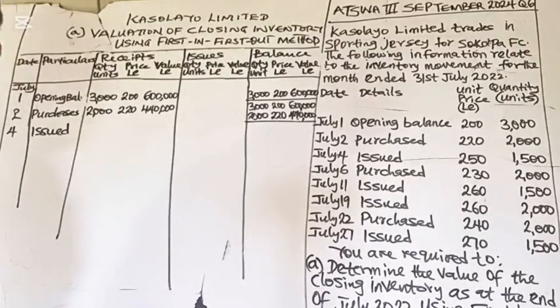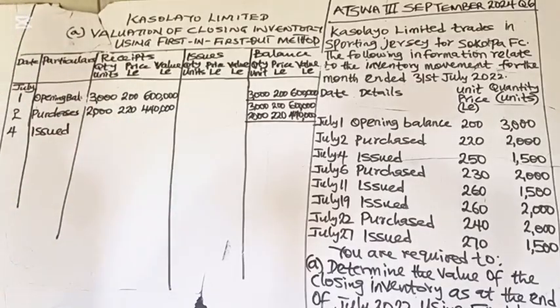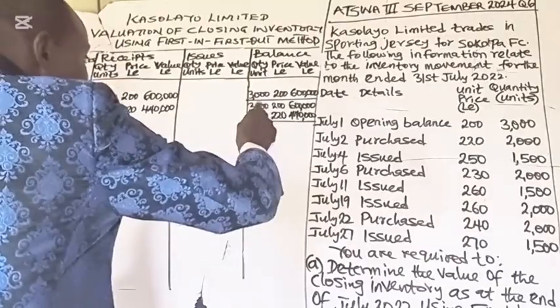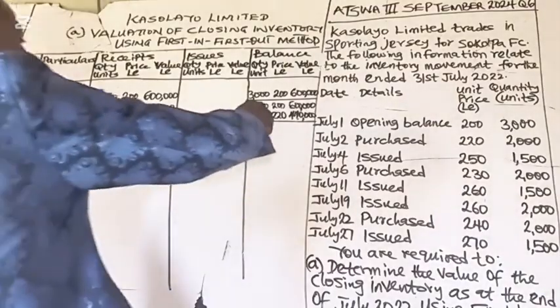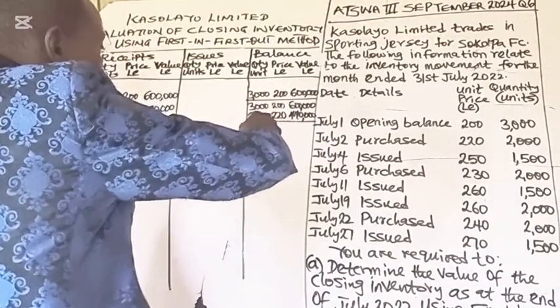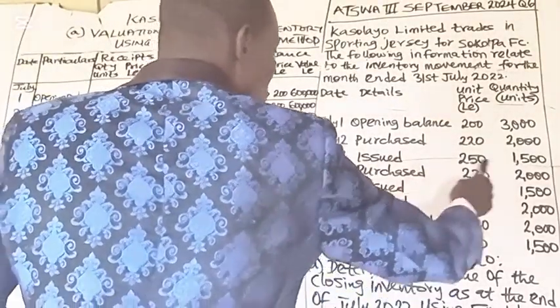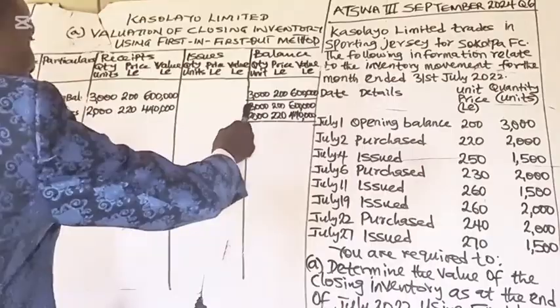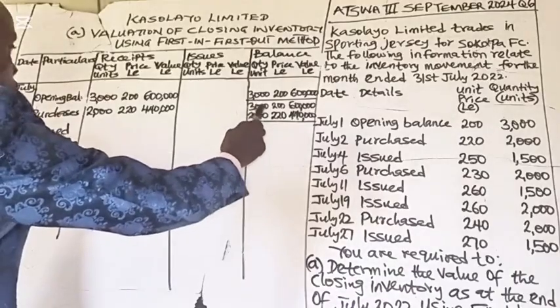And I've told you that on the basis of the first in, first out method, materials are issued at the price of the oldest batch in the store. Now, the oldest in the store is this 3,000 at the price of 200. It is when this 3,000 is exhausted that you can move to this 2,000. But what you want to issue is 1,500, and this 3,000 exceeds the 1,500. That means you can make your issue from this 3,000.